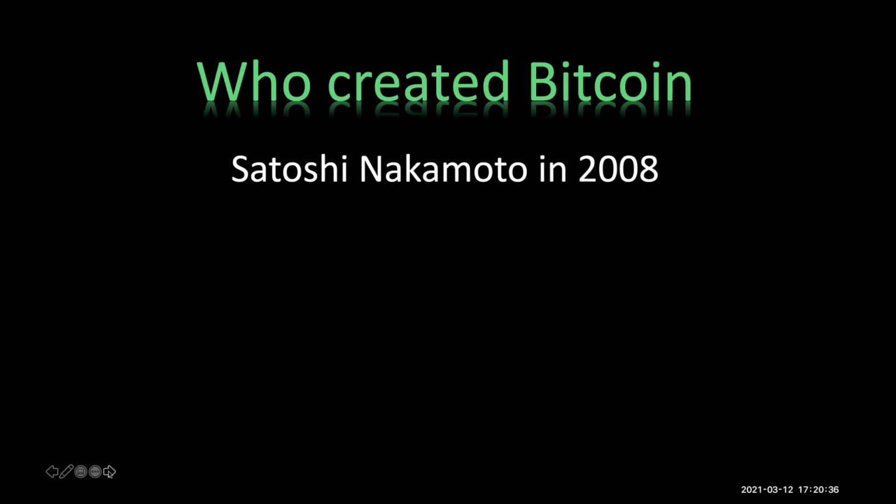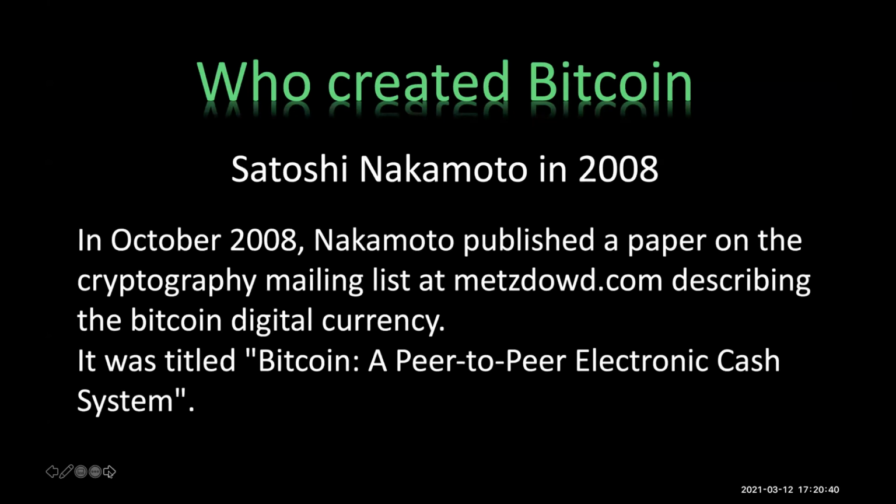The only thing we do know is that Satoshi Nakamoto in 2008 published a paper on a cryptographic mailing list, and it describes this currency called Bitcoin. That's the title of it, and it was meant to be a peer-to-peer electronic cash system. Electronic cash system. I want y'all to pay attention. A peer-to-peer electronic cash system.